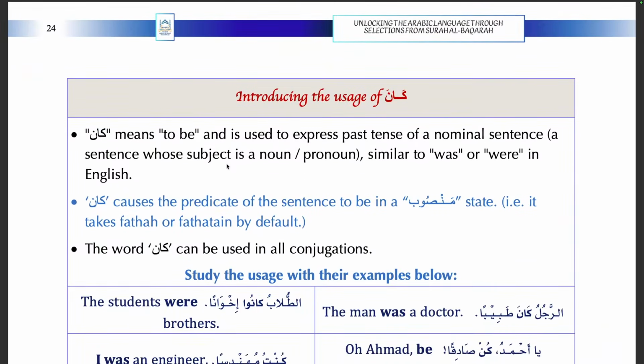Kana means to be and is used to express the past tense of a nominal sentence, a sentence whose subject is a noun or a pronoun, similar to was or were in English.